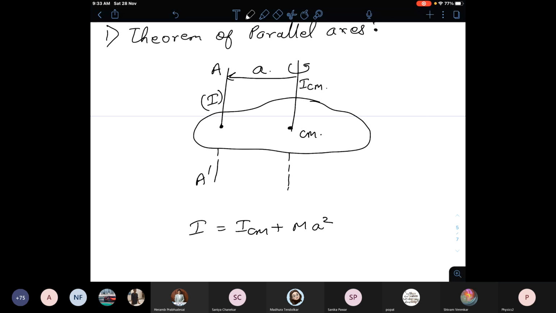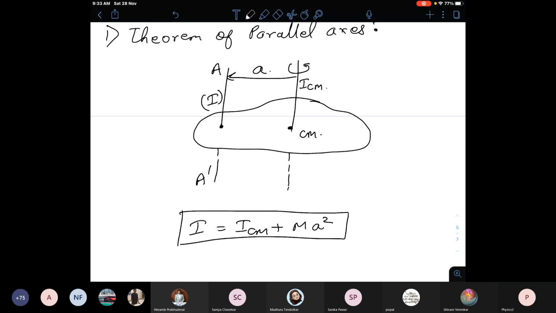This is the theorem of parallel axis. I guess it is clear. We will see questions and how to deal with them.